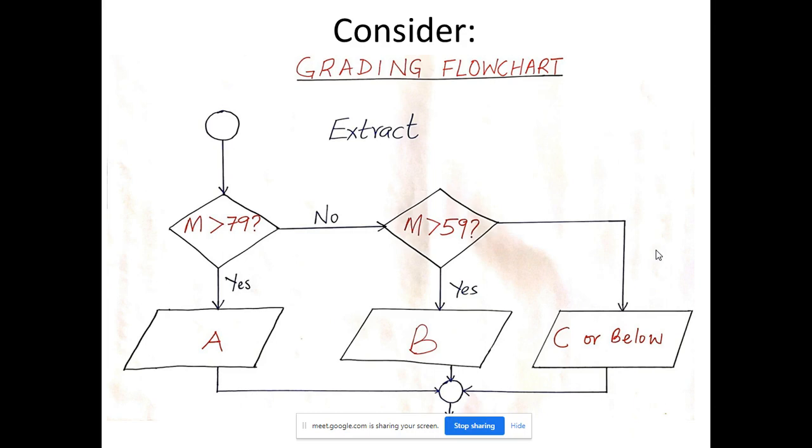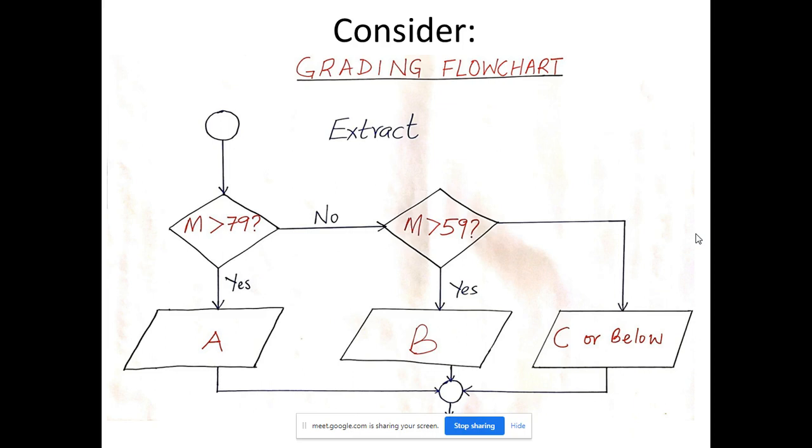Assume we have marks greater than 79, that student will get a grade A. If the student is scoring marks greater than 59, which is 60 upwards, that student will have a grade B. Otherwise, that student will have a grade of C or below. So that is a flowchart for a program that will only handle three options.